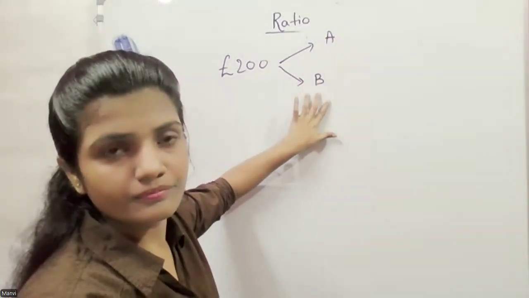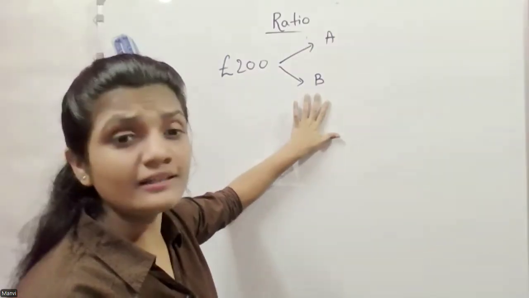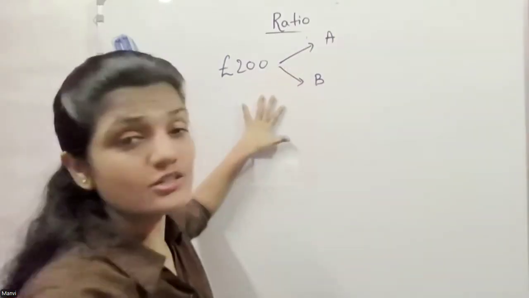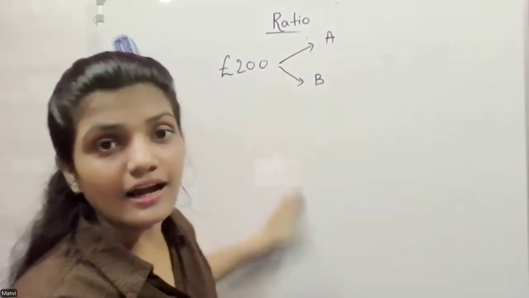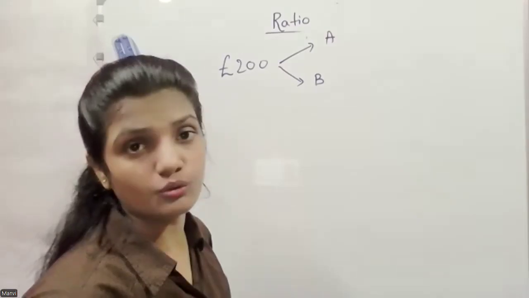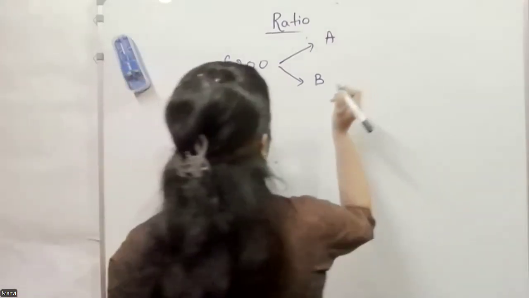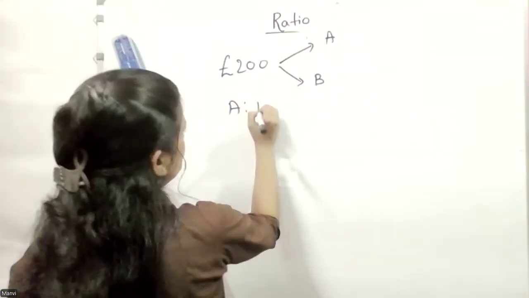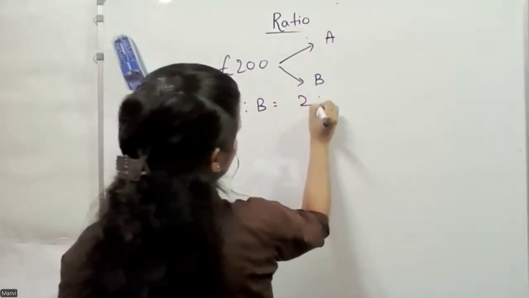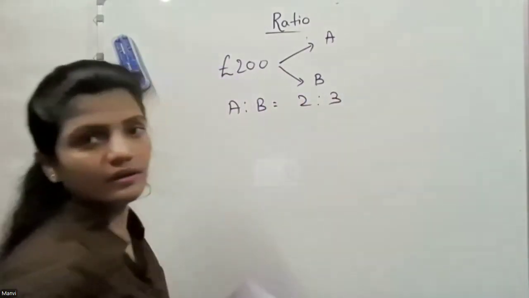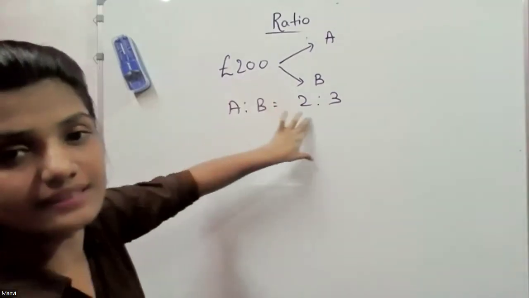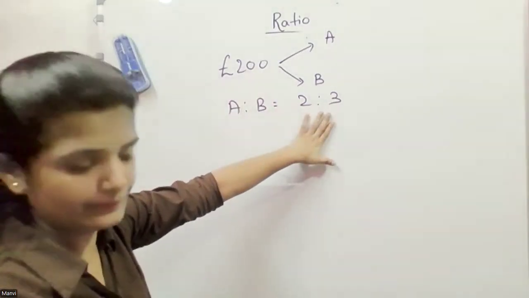They both get 100 pounds each. No, but I'm not dividing this 200 pounds equally. I want to give it in a ratio, like A ratio B will be 2:3. I want to divide this amount in this ratio form, not equally.